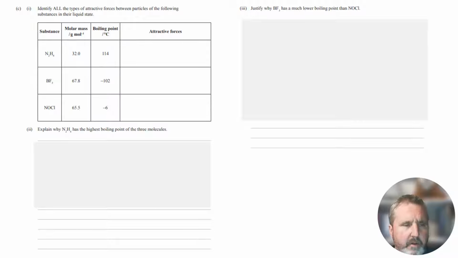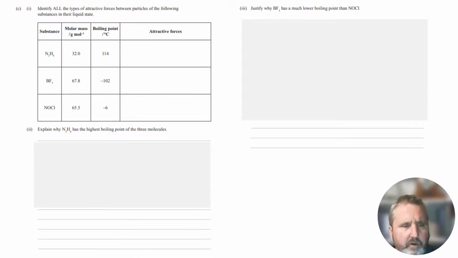Now we know that the hydrogens must be bonded to the nitrogens because they only have one bond that they can form, so they can't bond to themselves and make a larger molecule. Anyway, they're bonded to a nitrogen, a highly electronegative atom. So we've got 3 highly electronegative atoms to choose from: fluorine, oxygen, nitrogen.